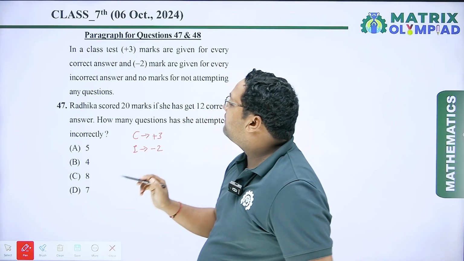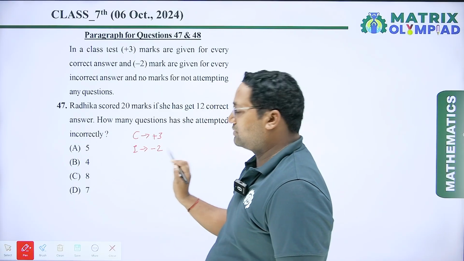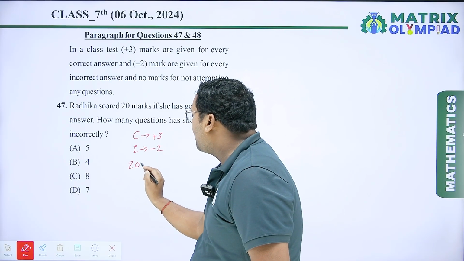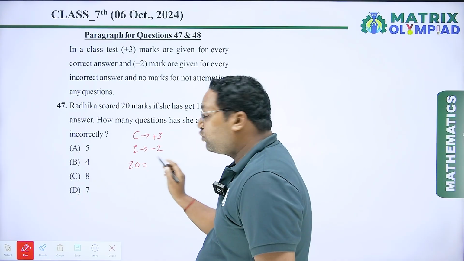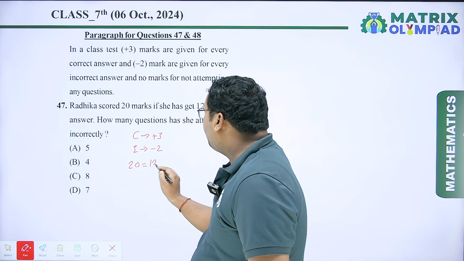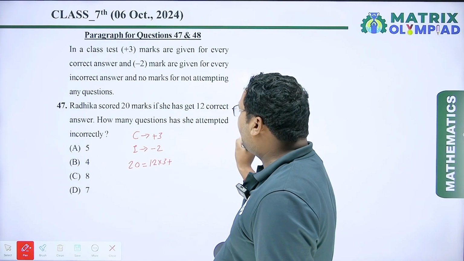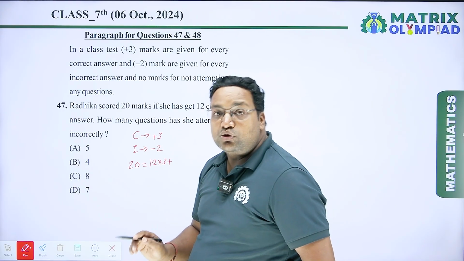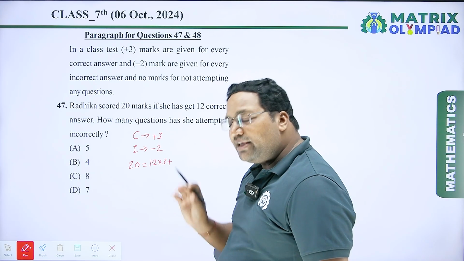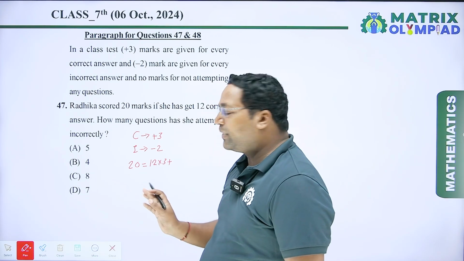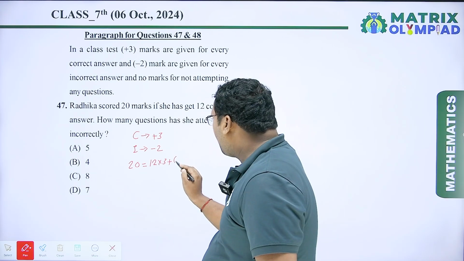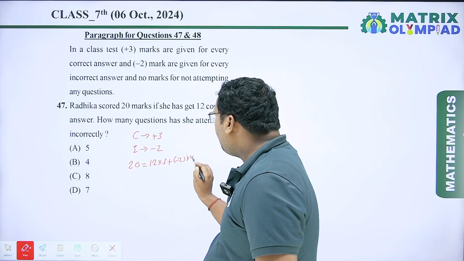Question number 47: Radhika scored 20 marks. If she got 12 correct answers, that is 12 multiplied by 3, plus how many questions did she attempt incorrectly? Let's assume she attempted y questions incorrectly, so -2 multiplied by y.